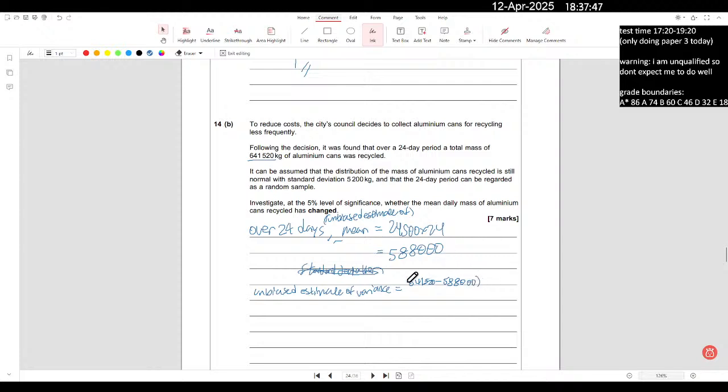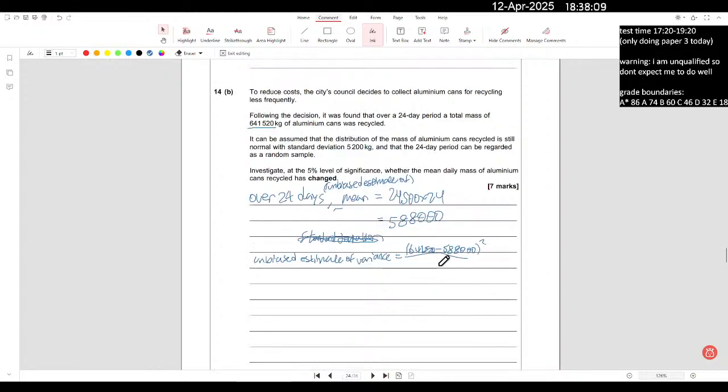Maybe we just take the difference, square it or something, and then divide it by 23, wait, 24 minus 1, 23. I don't understand this. I think I'm just gonna wing it and then see what I get. Absolutely no idea.